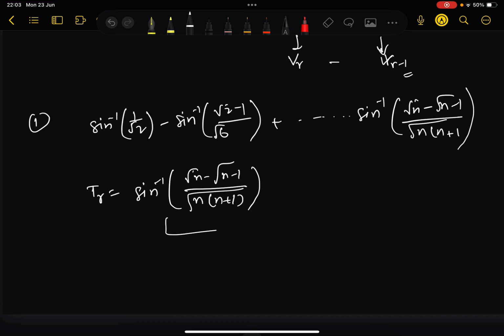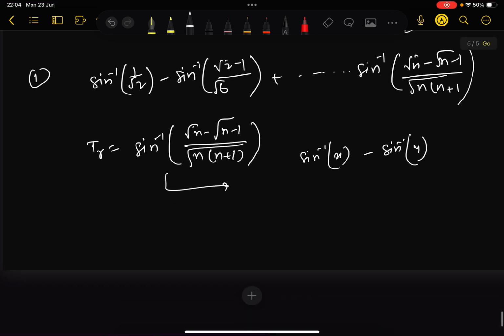Again we will try to convert this into sine inverse x, either plus or minus, right? If we convert it into minus, then it will be very easy for us. So we will try to convert this expression into sine inverse x minus sine inverse y.